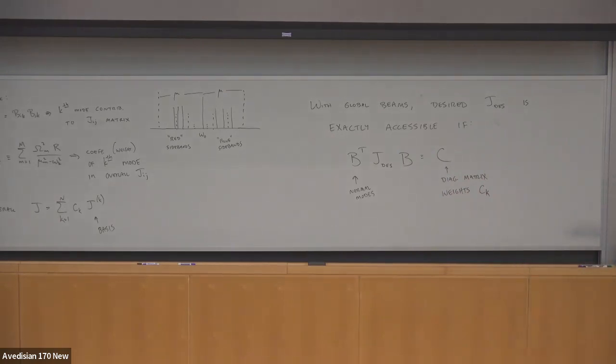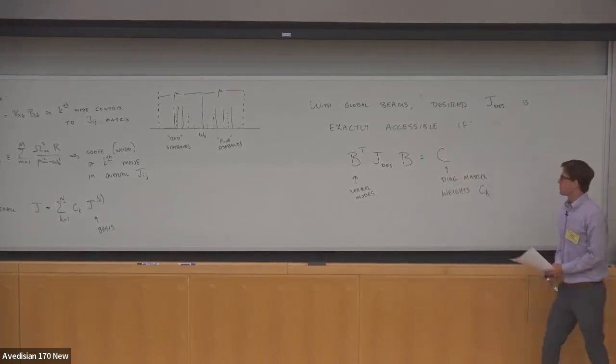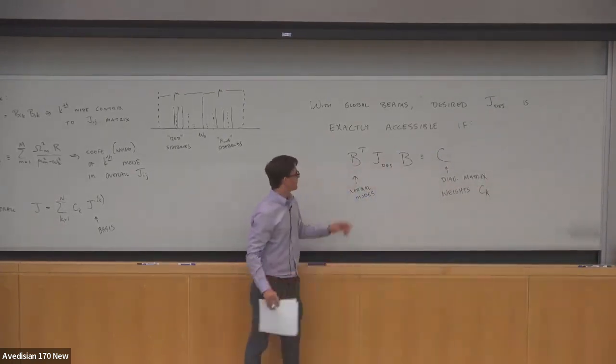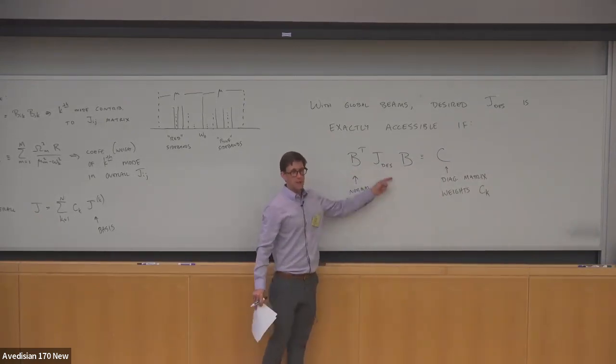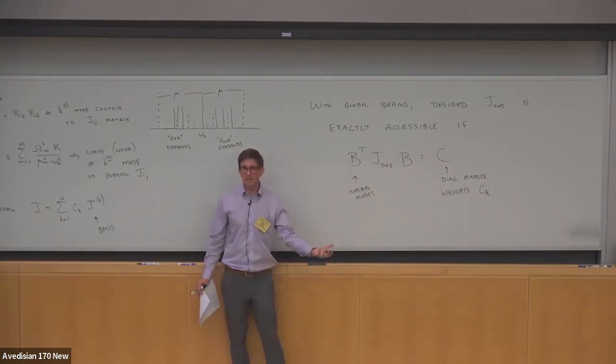Okay, so we really enjoyed seeing this, which is to say, if you have any Jij in mind, can you do this with trapped ions in a given trap configuration? The answer is pretty straightforward. Take your desired Jij interaction, do matrix multiplication by the normal modes that you would find in your trap, and you're going to get a matrix.